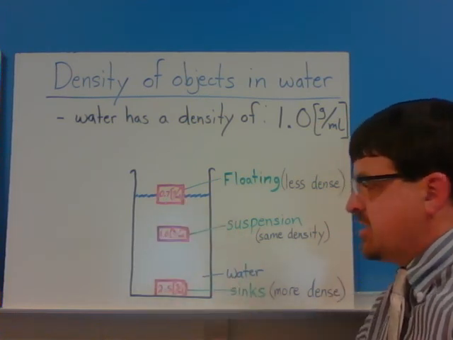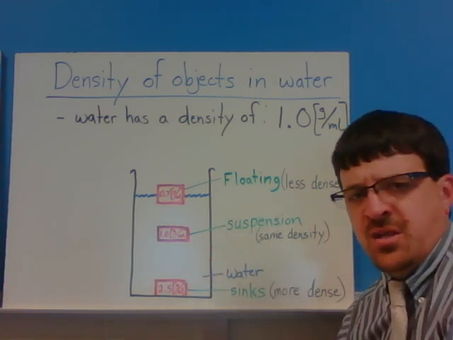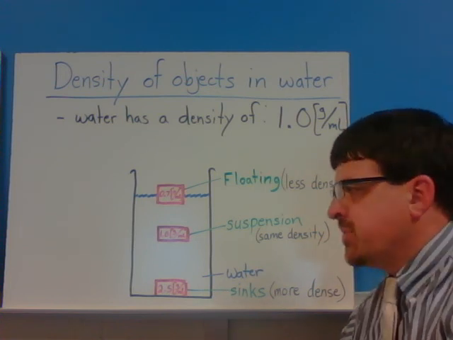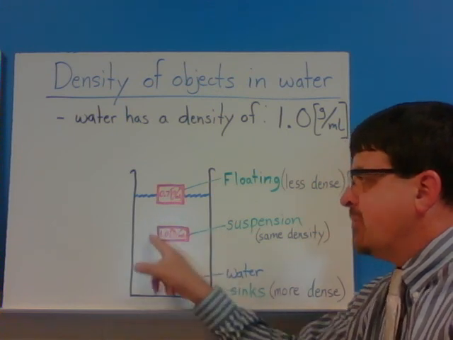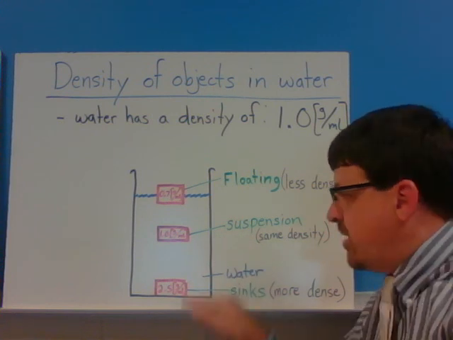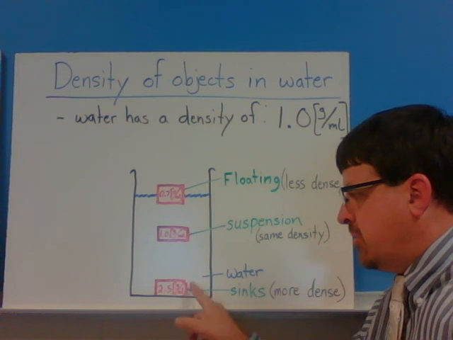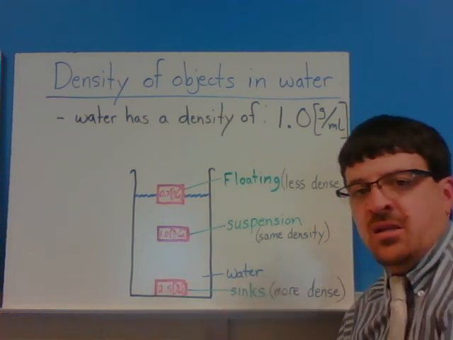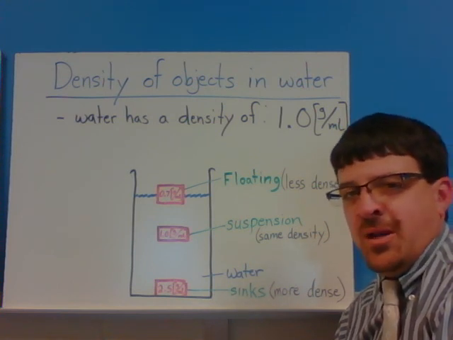If it is the same density, say the liquid is mercury, which I don't know if you guys have ever seen, it's a liquid at room temperature, it would stay right in the middle. And if it's more dense than the liquid, it's going to go to the bottom, even if it's a different density than water. I hope this makes sense. If not, you better be asking us in class.